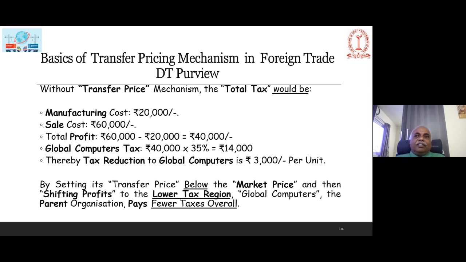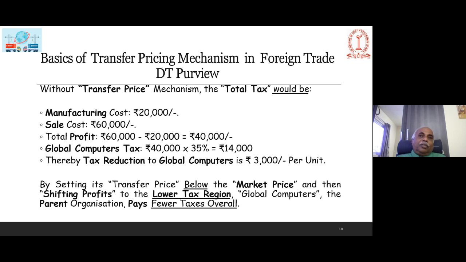This is not correct, because the company is located in a 35% tax region, and to get the benefit, they have started one more entity in a low tax regime and are reducing the tax burden.